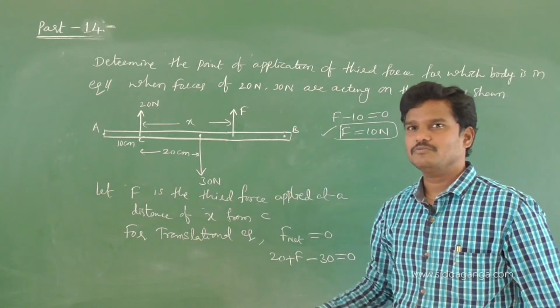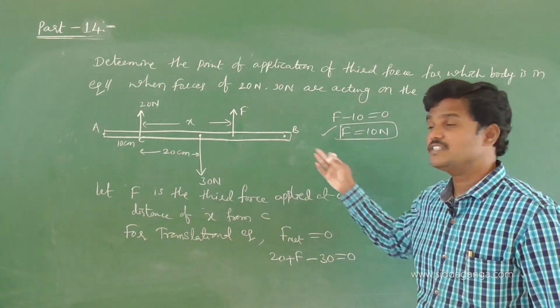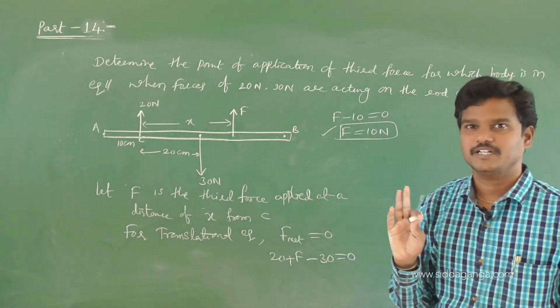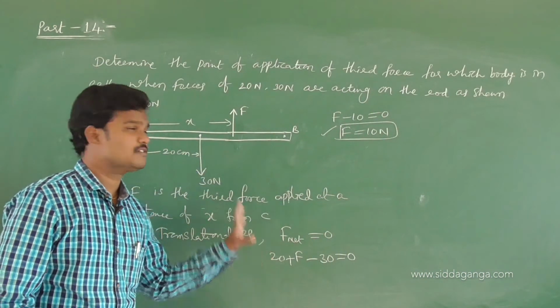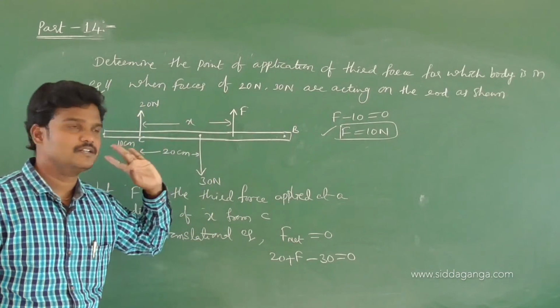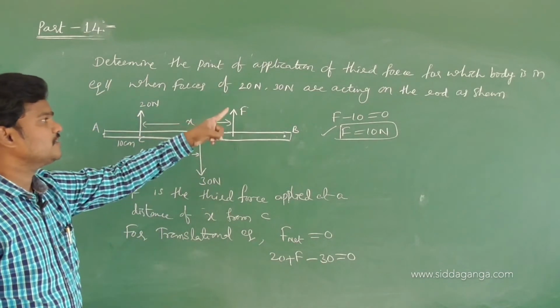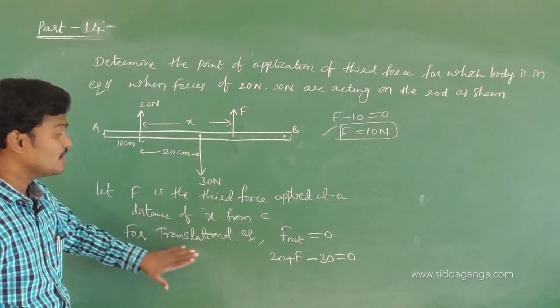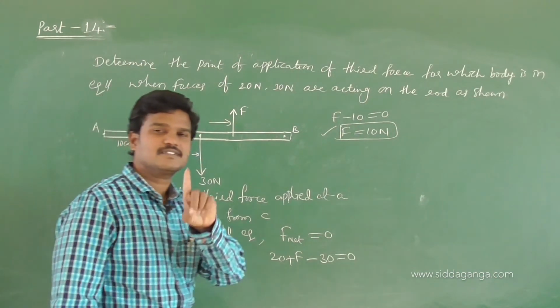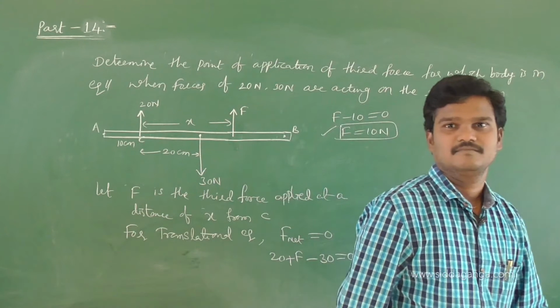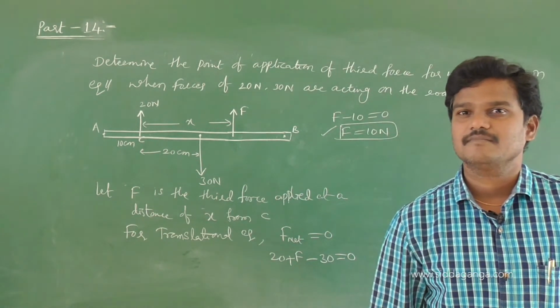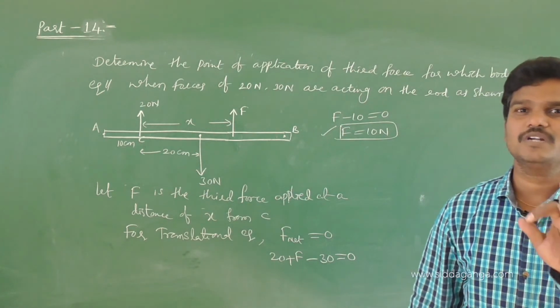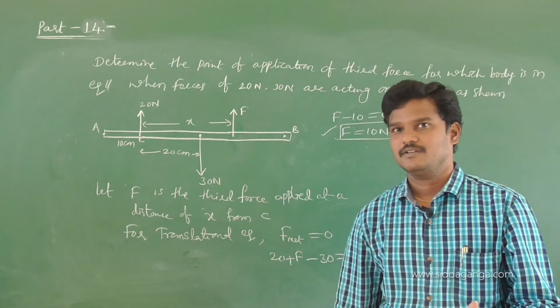If you had taken it down, you would get negative. Negative means indirectly you have taken the opposite direction. Negative meaning is very clear in physics: it is opposite. Right now I got positive, which means our direction is correct and our expectation is correct. So I have to apply 10 Newton upwards so that this rod is in translational equilibrium.